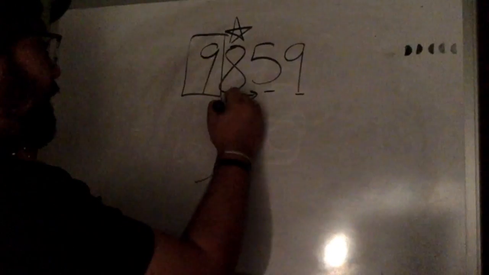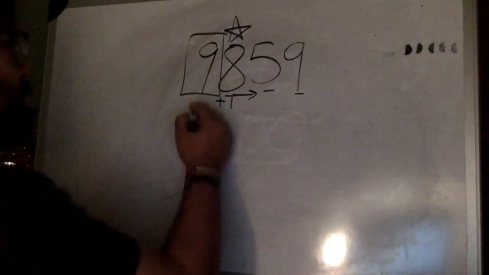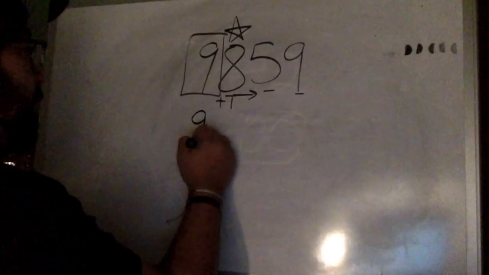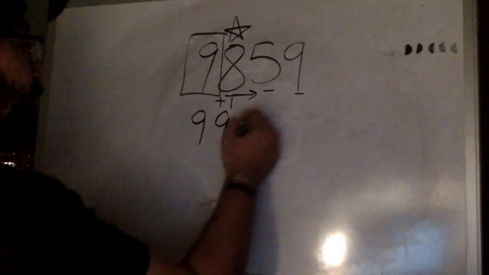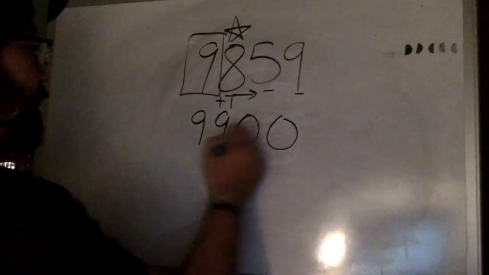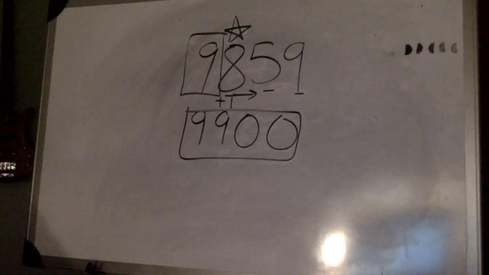Therefore, Cinderella gains 1 point. Royal family stays the same. 8 plus 1 is 9, and her sisters turn into pumpkins. Therefore, 9,859 to the nearest 100 would be 9,900.